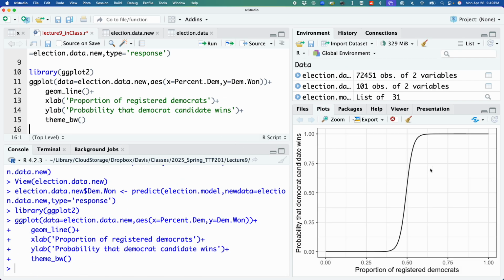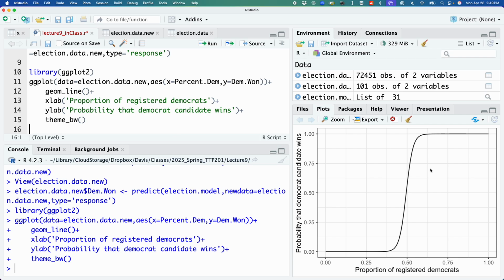Okay, so here we can see, right, as you change the proportion of registered Democrats, the probability that a Democratic candidate wins will look something like this, right?